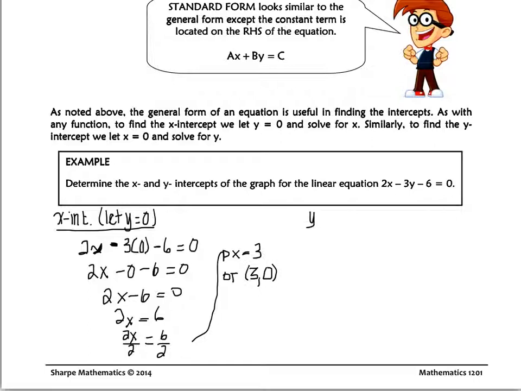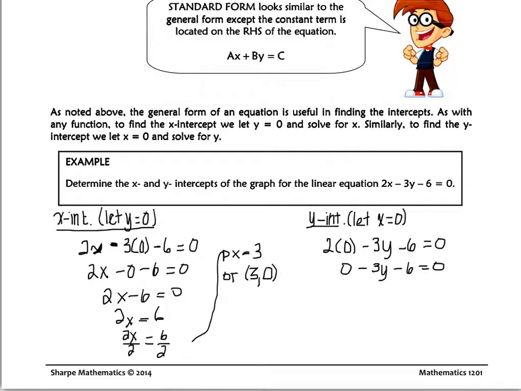And for the y-intercept, you let x be 0, because the y-intercept is the point where the graph crosses the y-axis, so every point on the y-axis has an x-coordinate of 0. So 2 times 0 minus 3y minus 6 is 0. It's a nice easy form of the equation to work with because there's no fractions until possibly the end when you're trying to isolate the x or the y.